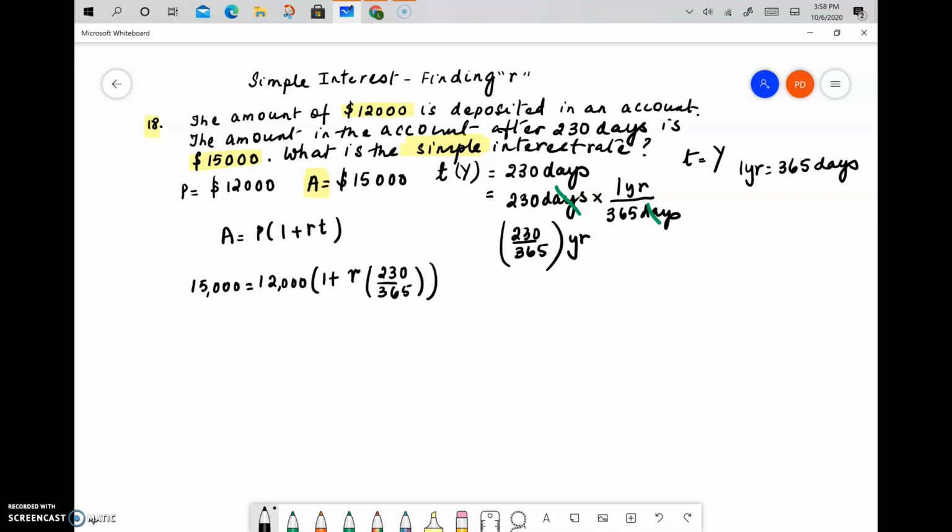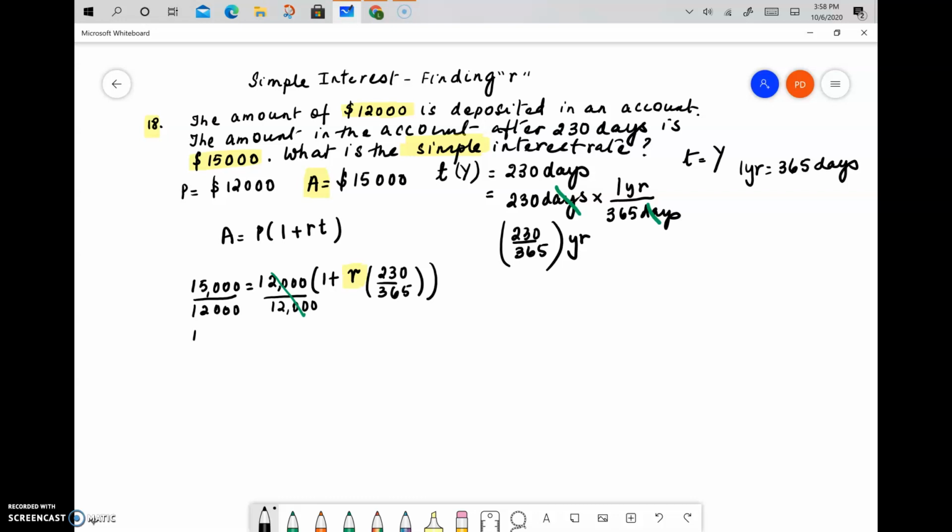So now we have to solve for R. So we have to get R by itself. The first thing we do is divide both sides by $12,000. We want to get rid of 12,000 from the right side because remember we are trying to get R by itself. So now that cancels off.